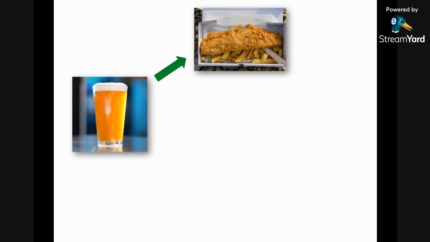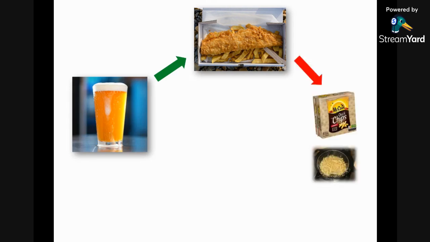So you could imagine that this therefore inhibits or represses alternative sources of energy. In this case, either microwave chips or do it yourself with a deep fat fryer chips. The reason for that is because it's much easier and quicker to obtain.